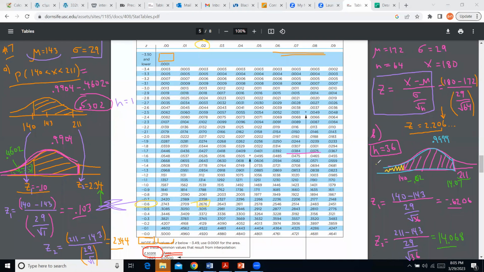This would be 0.2676. And then, just like in the previous part, I will be subtracting these two areas and get the answer for that part.